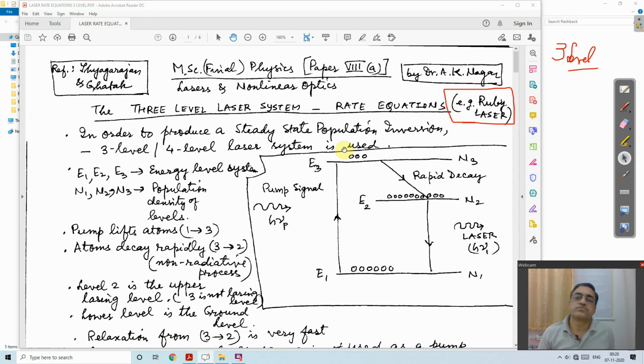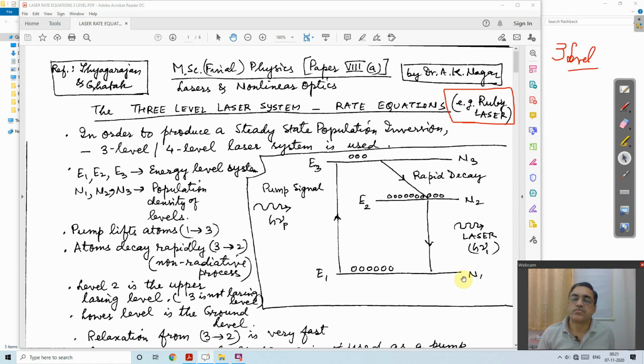As you see in this diagram, we have a pump signal. h nu P is the energy incident, and there are three levels, E1, E2 and E3.